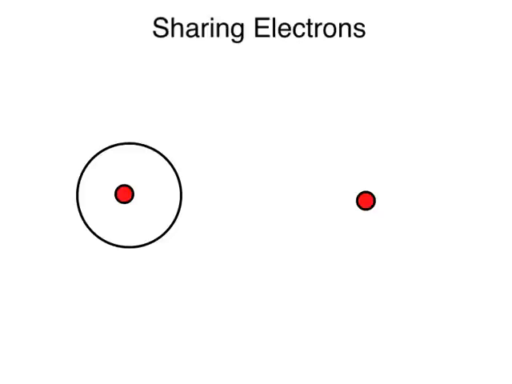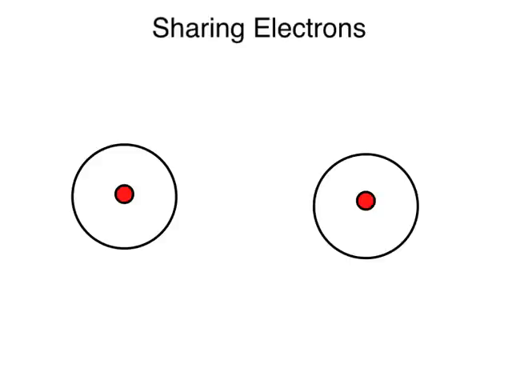So if we get the atoms up here, now we're going to put electrons in our shells here. So we should have 1, 2, 3, 4, 5, 6, 7.